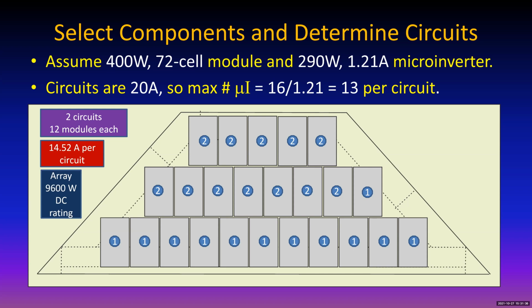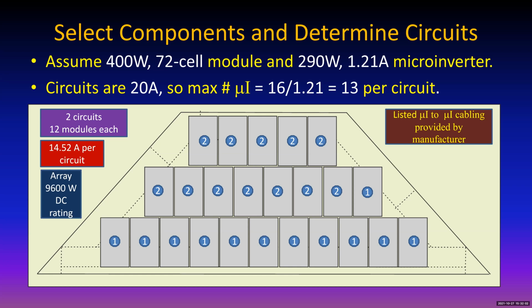The array itself is rated at 9600 watts DC. The total AC rating though is 24 times 290. And what is 24 times 290? I better multiply that out. And 24 times 290 is 6,960. And most of the time, the array is going to be operating at less than 6,960 anyway.